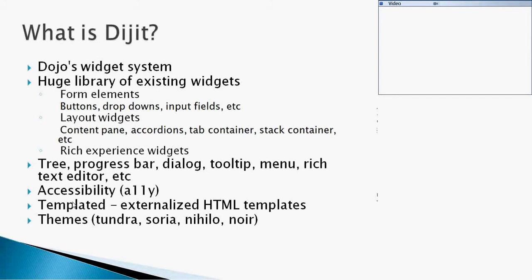So it handles all these accessibility issues also. No matter what type of browser you are using, at least it will work up to a certain extent. And it is templated. It allows you to specify all that presentation inside template files, so quickly you can change the look of any of your widgets. Theme support is also there. If you just change the CSS file, all the view will be changed.